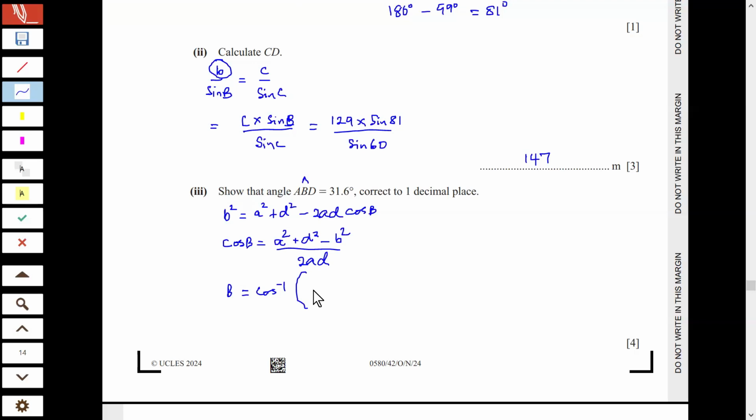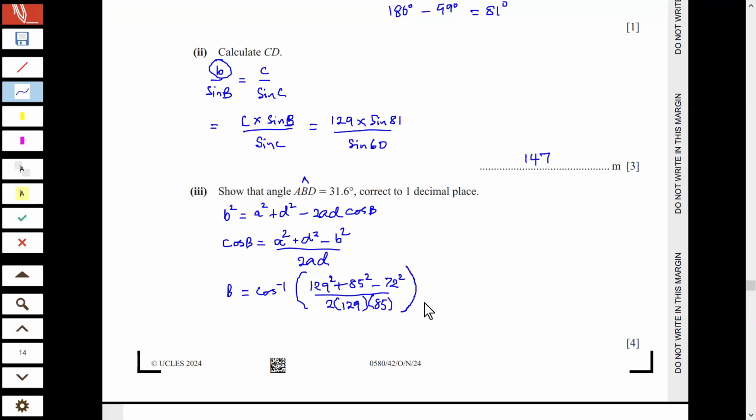The value of a is 129, so we have 129 squared plus 85 squared minus 72 squared, over 2 times 129 times 85.